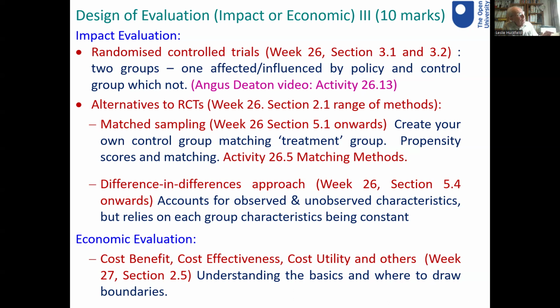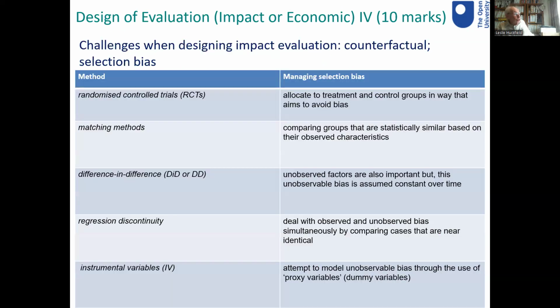So if it's an impact evaluation, that's what you ought to be thinking about. If it's an economic evaluation, then you've got to be talking about cost benefit, cost effectiveness, cost utility. And again, we've done some of that previously in previous TMAs. But again, you don't need to go into all the details. You simply need to understand that there are different approaches.